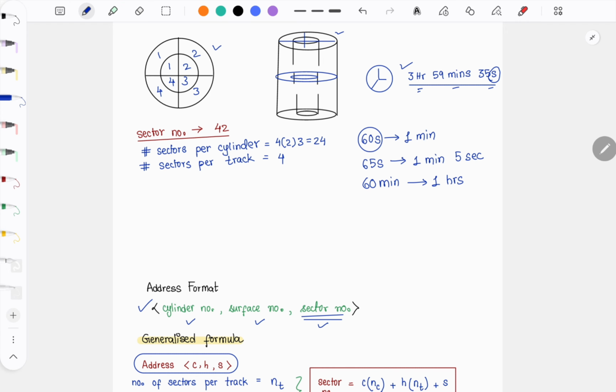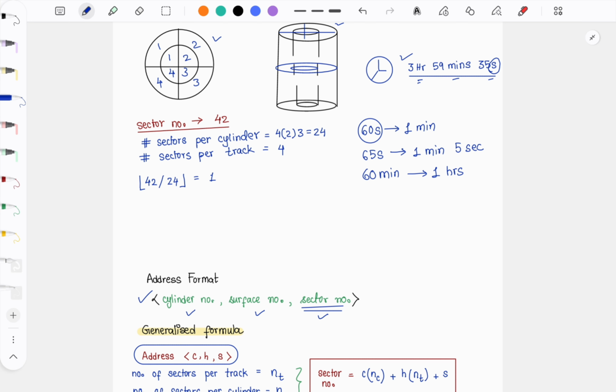Now we will use this sector number and divide it by the number of sectors per cylinder, which is 24, and we will take the lower bound, which comes out to be 1. For the next part, we will take the modulus to get the remainder, 18, and then divide it by the number of sectors in each track, which is 4, and again take the lower bound. So 18 divided by 4, which means 4 into 4 is 16, gives 4.